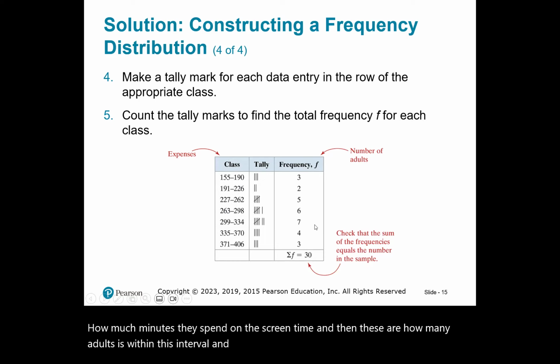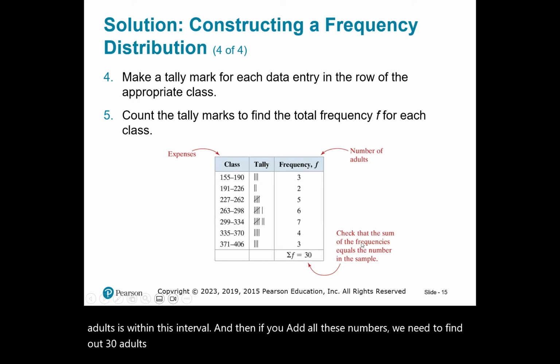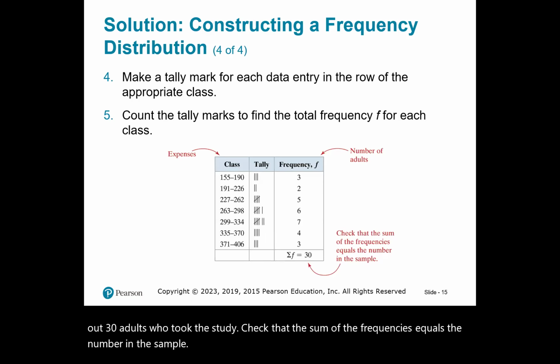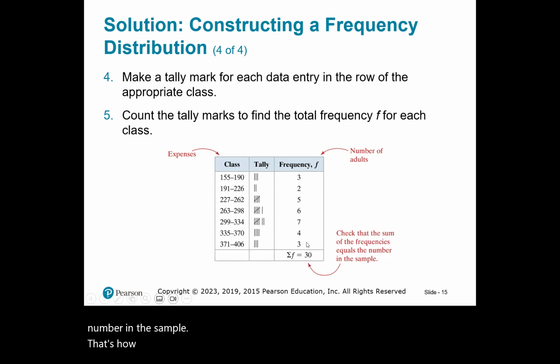If we add all these numbers, we need to get our 30 adults who took the study. Check that the sum of the frequencies equals the number in the sample. That's how we construct what is called the frequency distribution.